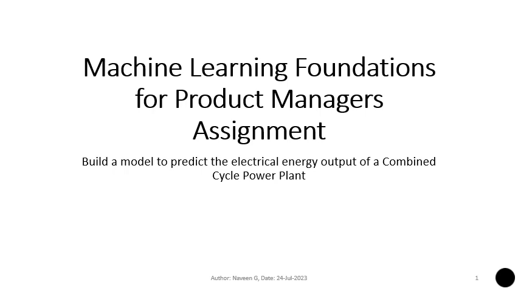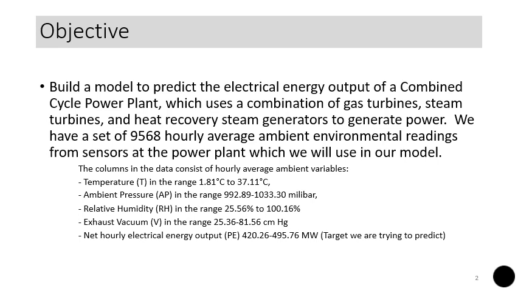As a part of the Machine Learning Foundations for Project Managers assignment, let us build a model to predict the electrical output of a combined cycle power plant. The objective of this assignment is to build a model to predict the electrical energy output of a combined cycle power plant.